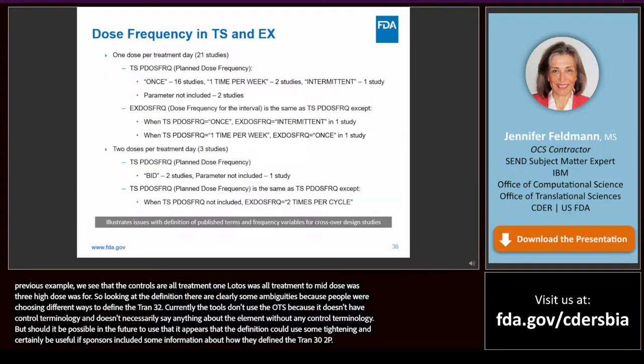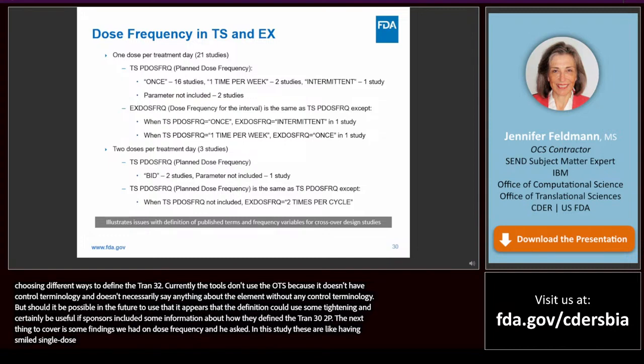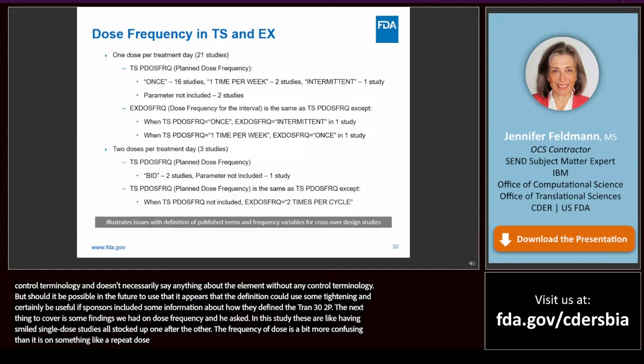The next thing to cover is some findings we had on dose frequency in TS and EX. In these studies, these are like, I would say, kind of like having small single dose studies, all stacked up one after another. And so the frequency of dose is a bit more confusing than it is on something like a repeat dose toxicity study where you're always talking about the frequency over the study.